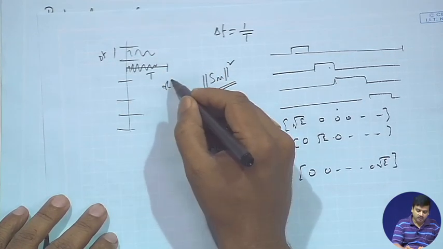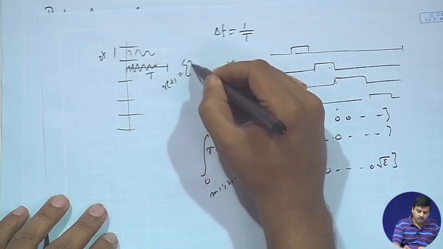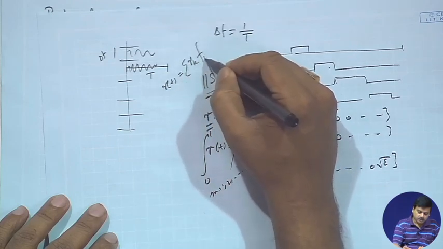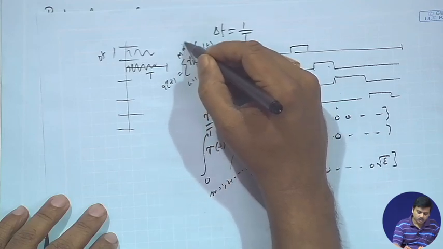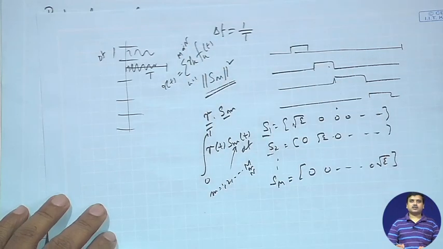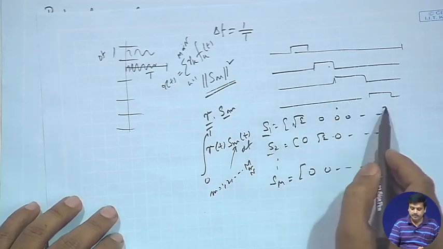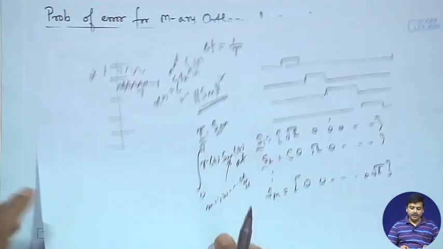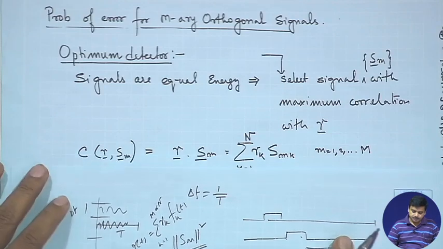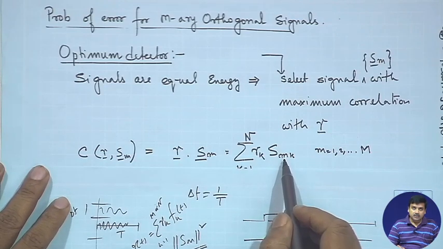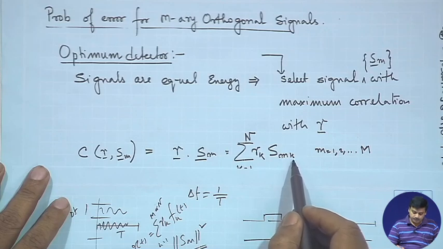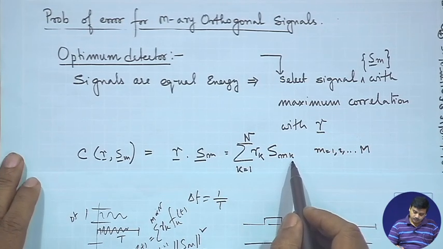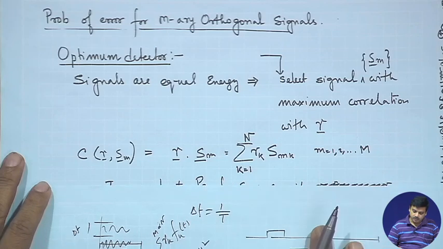So, the received r(t) would be broken into the sum of r_k times f_k(t), k equals 1 to M or N, which in this case is the same. The same applies to any other constellation which may make sense. M is the index for the signal waveforms and k is the index of the basis function.